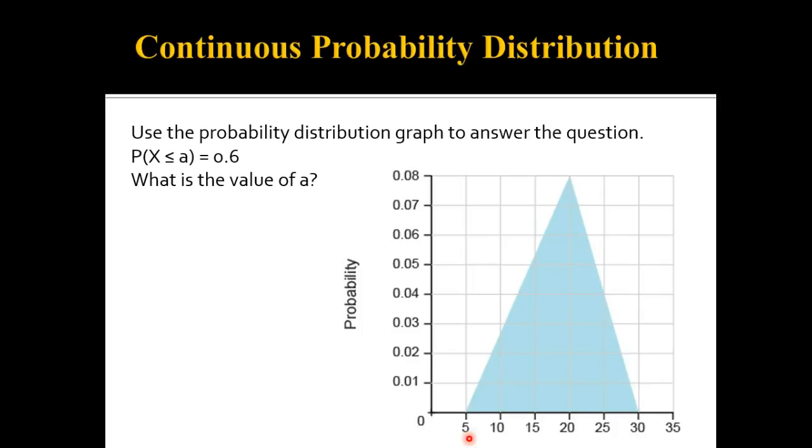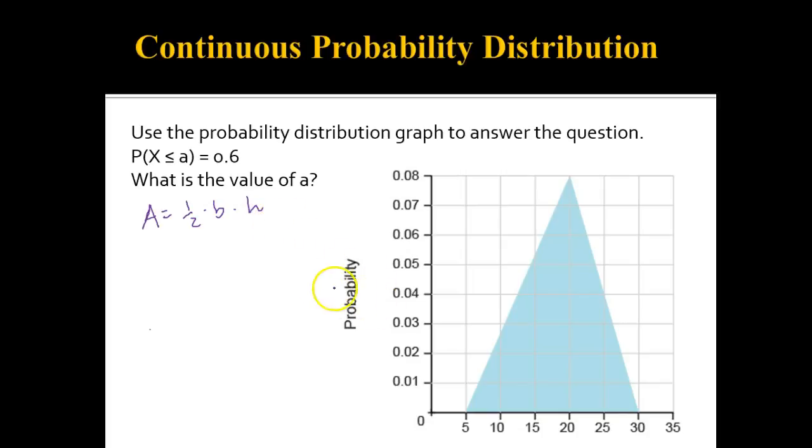And how do we know that? Well, we said in a continuous probability distribution, the probability of a range of numbers is the area of this graph of the distribution between those numbers. So the total probability, in this case we're talking about a triangle, so the area of a triangle is going to be 1/2 times the base times the height.